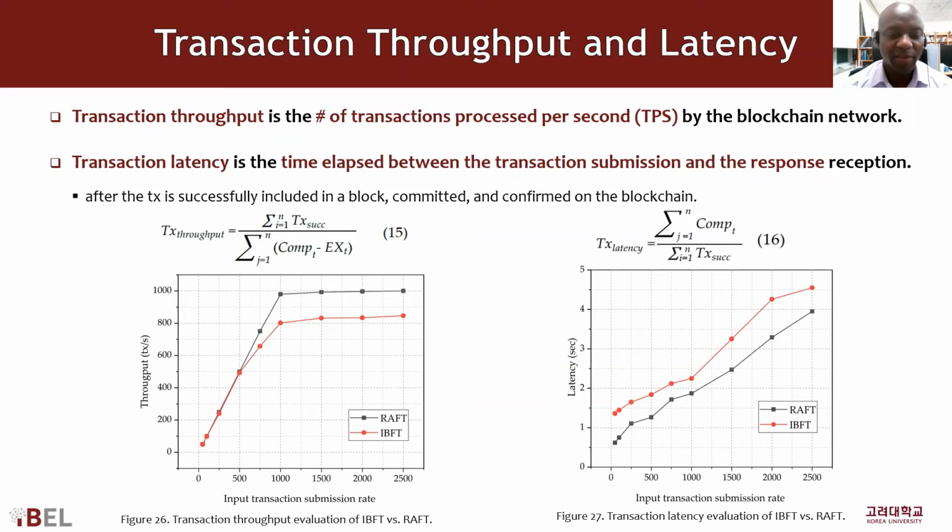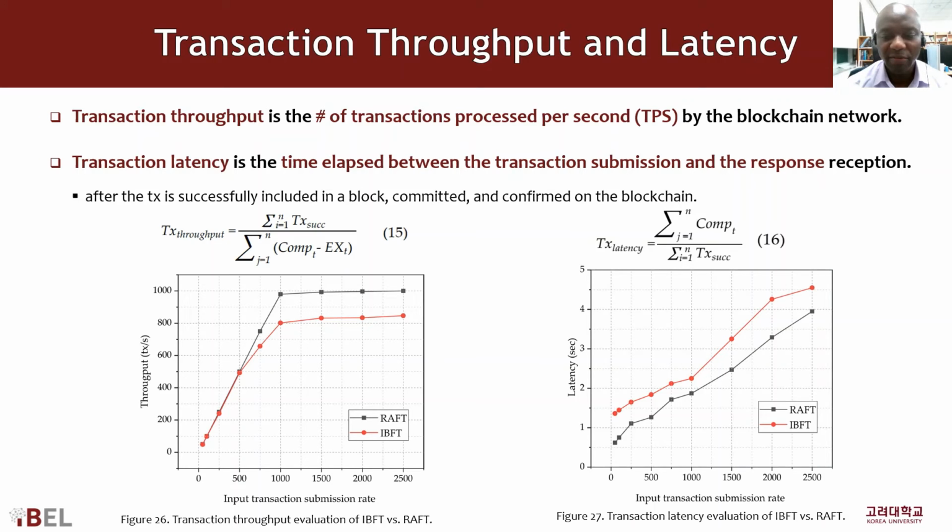For both Raft and IPFS consensus protocols, they have shown that the transaction throughputs scale linearly for low transaction input rates until they reach a saturation point of 800 for IPFS and almost 1000 for the Raft consensus protocol.